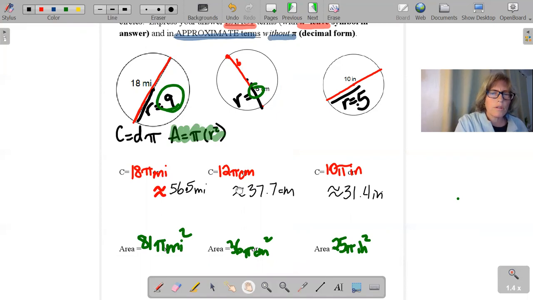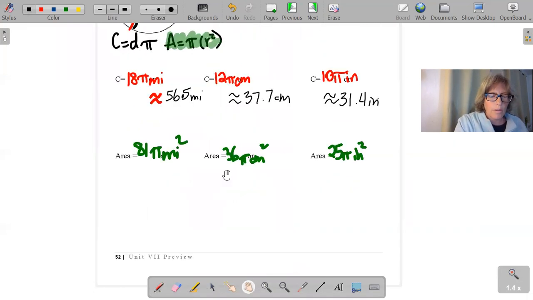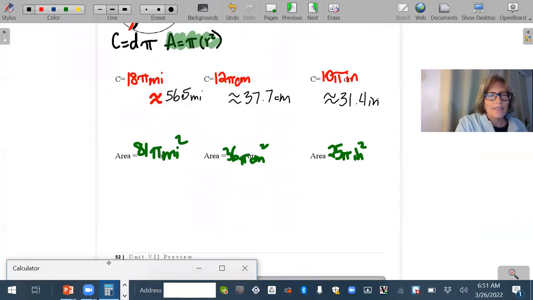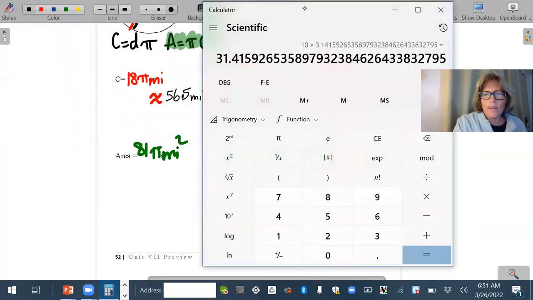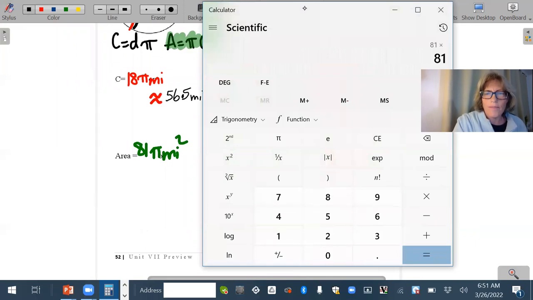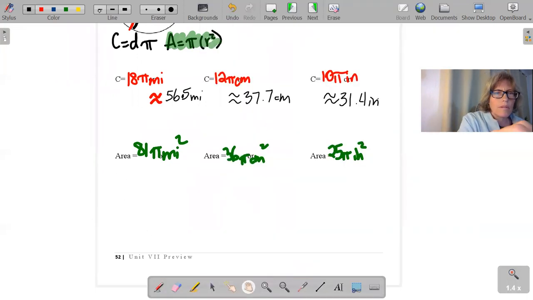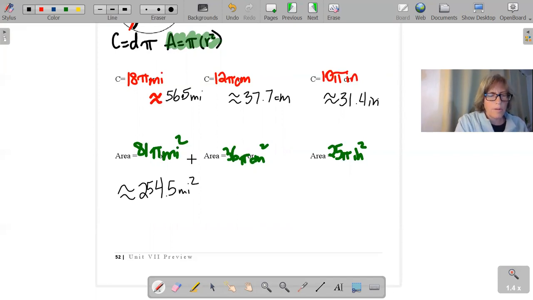Don't forget units. Down here, 81 pi. $254.5. Miles squared.